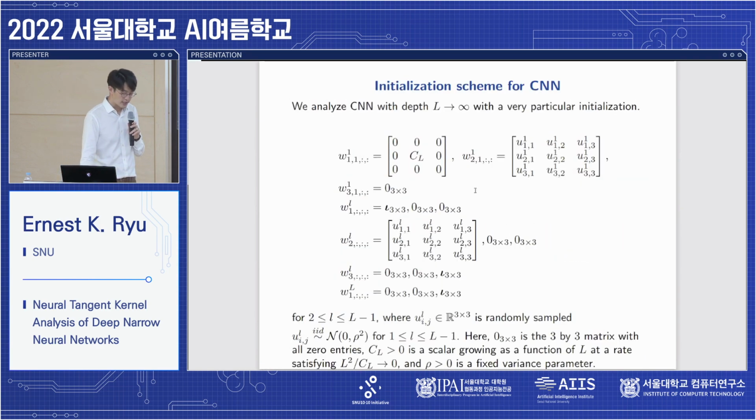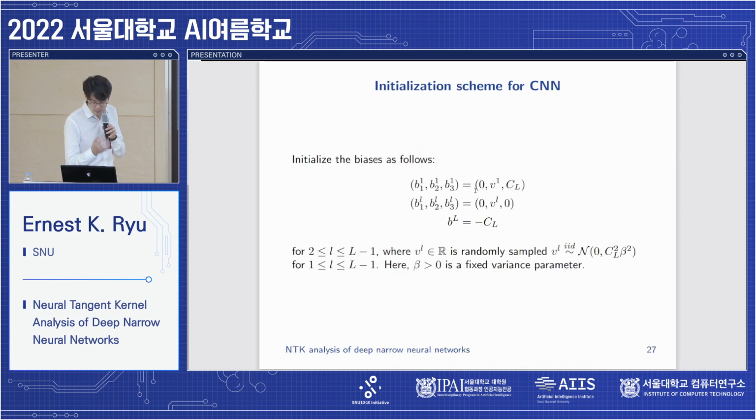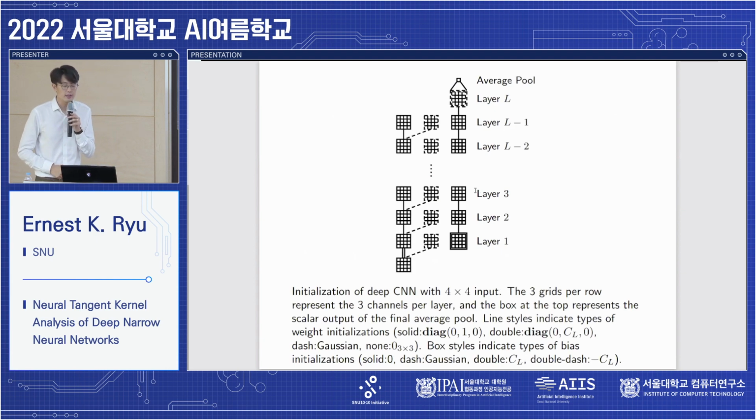Now our initialization scheme and our theory also extend to CNNs. Again, we'll consider a CNN with this very particular initialization, and I show the initialization scheme in equations just for the sake of completeness. But here's the illustration. These solid lines correspond to CNN filters, 3 by 3 convolutional operations, initialized as identity.